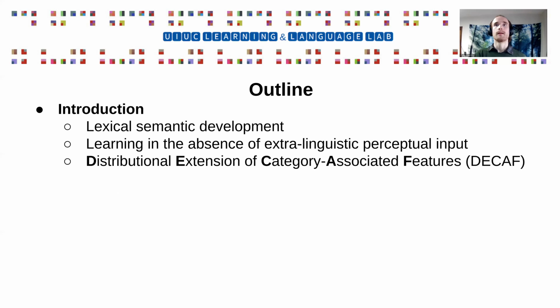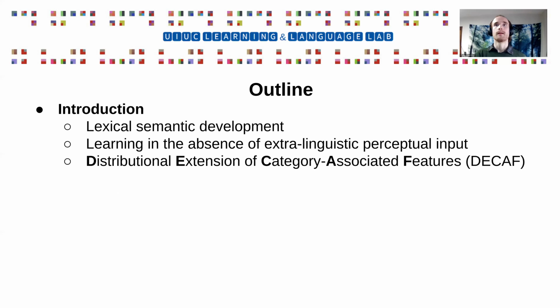So to begin, let's talk about word learning, or in other words, lexical semantic development. This is a well-known problem in psychology where children are supposed to learn how to map sound categories, for example, words like gorilla, to semantic features.